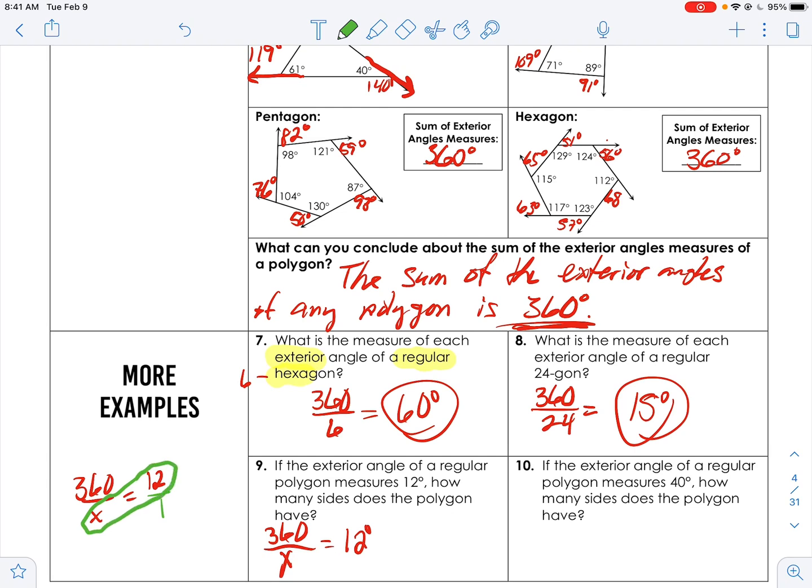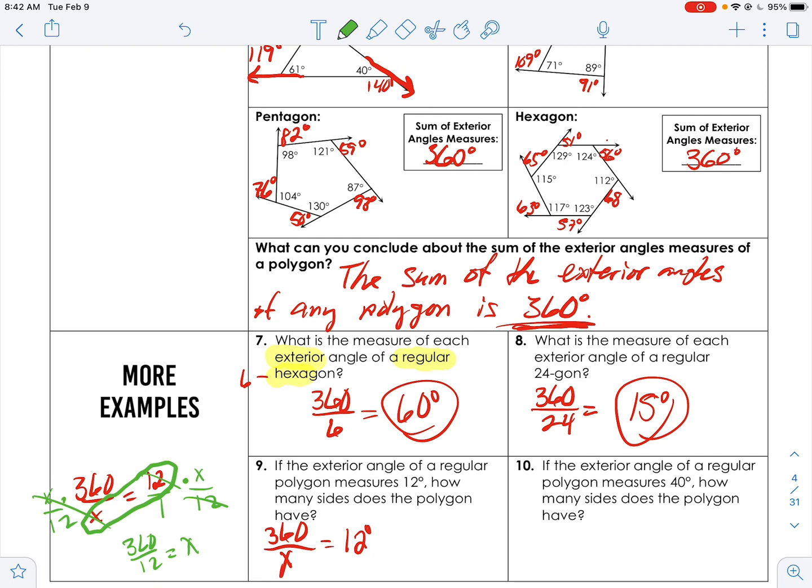The reason is it would be like multiplying this side by x and that side by x, which crosses out, and then dividing both sides by 12, so I'm left with 360 over 12 equals x.